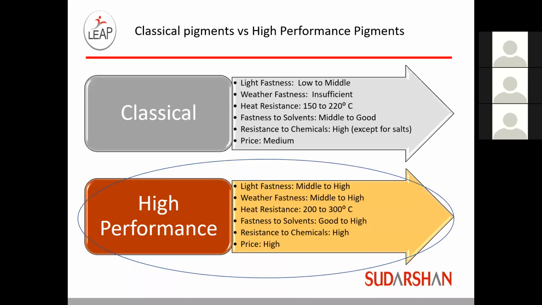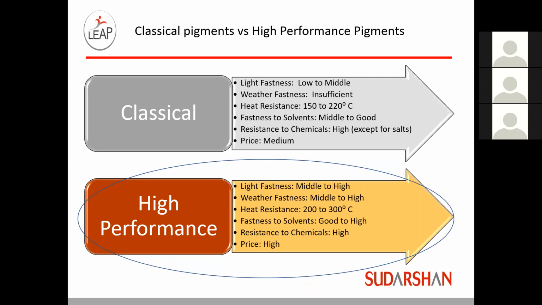So we've seen this chart before. Again, it's really just a reconfirmation of the differences between a high performance pigment and a classical pigment in terms of their technical performances. The high performance pigments provide you the light and weather fastness that's required if you have an exterior application.